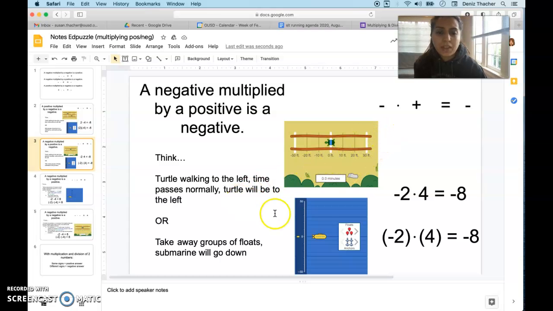If we think about the submarine, this is the idea of taking away groups of floats, which means the submarine will go down. So that first value of -2 represents the idea of taking away or removing groups of floats, so groups of positives, which again will equal -8.